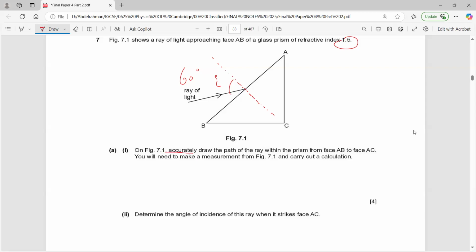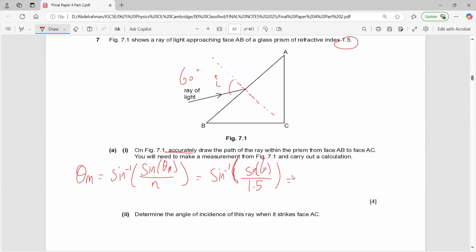Yes, theta M would be equal to sine inverse of sine theta A over N. Sine inverse of sine 60 over 1.5. This would give you an angle of around 35.